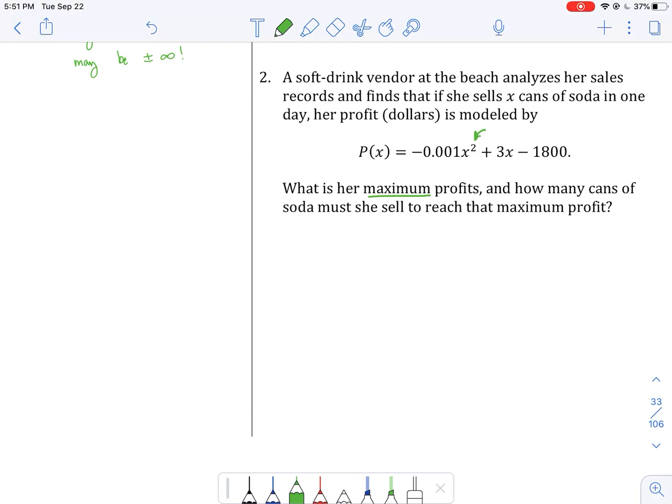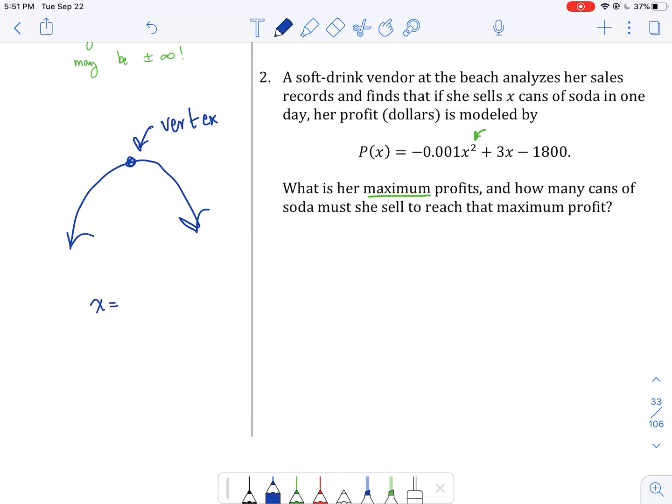So in this case, whenever we see a quadratic, we should be thinking about a shape like this of the graph. And our maximum in this case, because we see that it's got a negative leading coefficient, it's going to be facing down like this. This is our vertex.